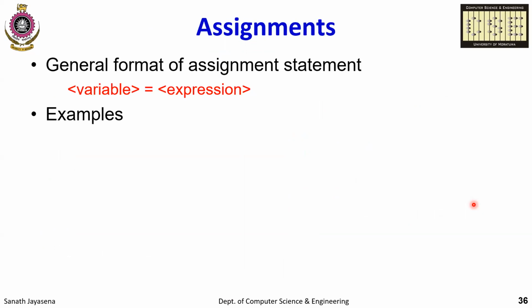The next one we want to discuss is assignments. So the general format of an assignment statement is you have some variable on the left-hand side, then an equal sign, and then an expression. So let's look at a few examples. So here's one.